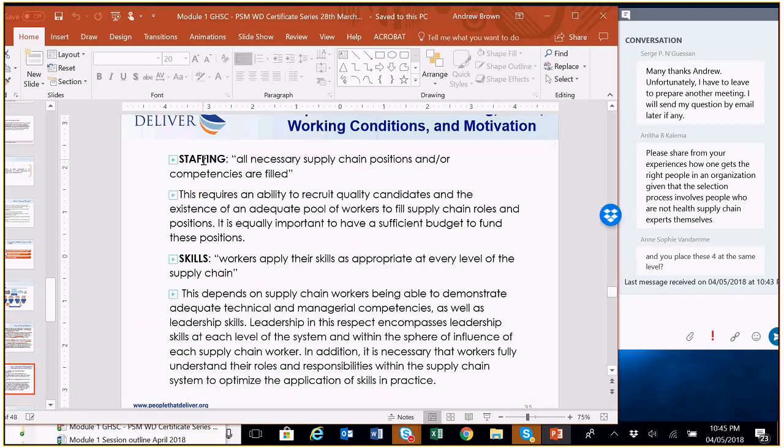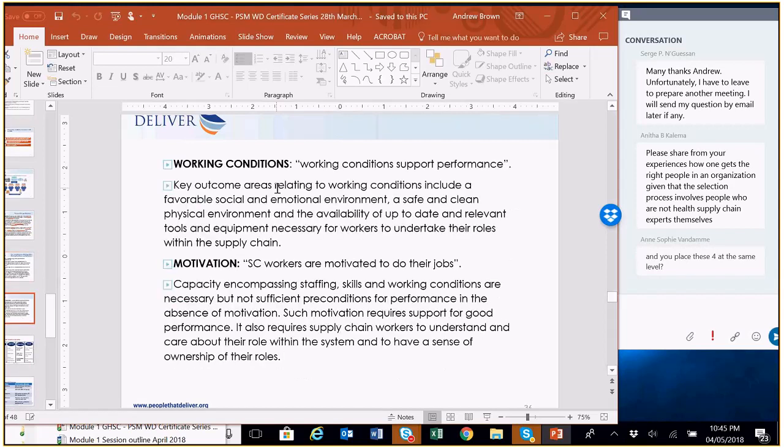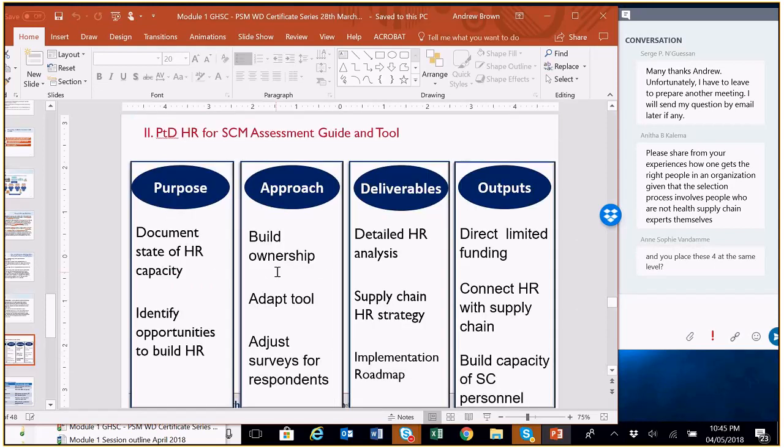So I've mentioned briefly about staffing. I've mentioned about skills, and this is just what I've described to you from the diagram. And there's more details here about working conditions and motivation. And I'll leave you to have a look at that in a bit more detail.